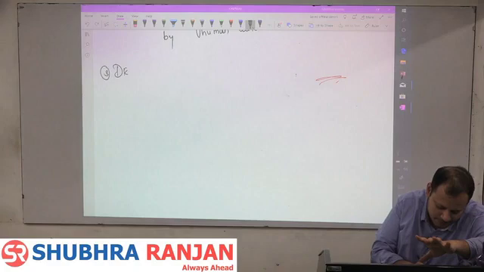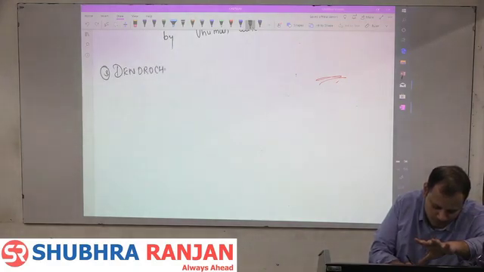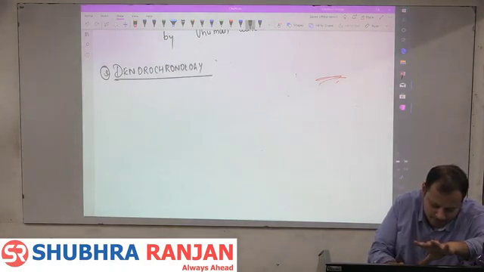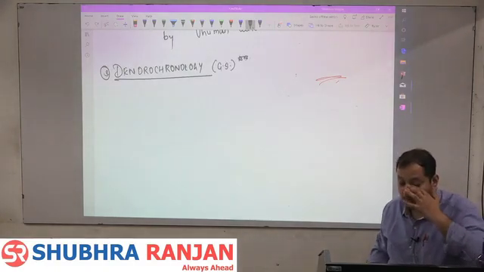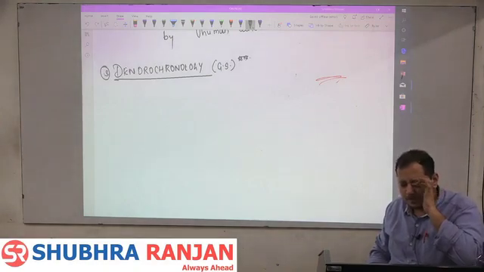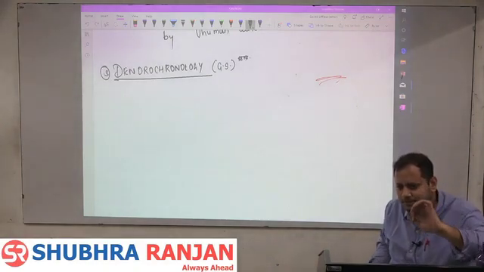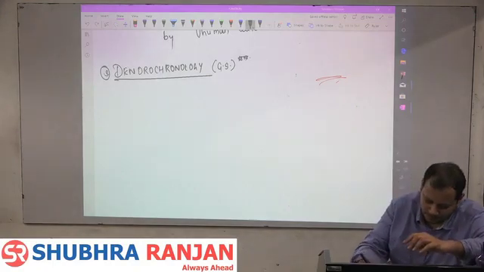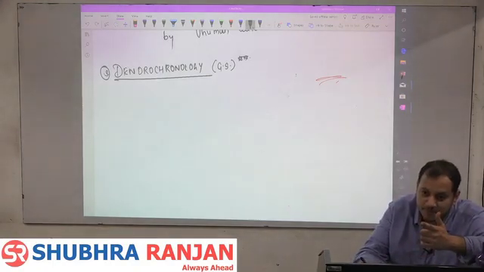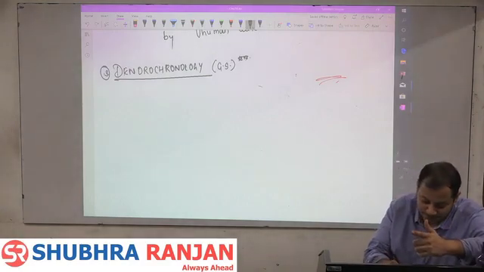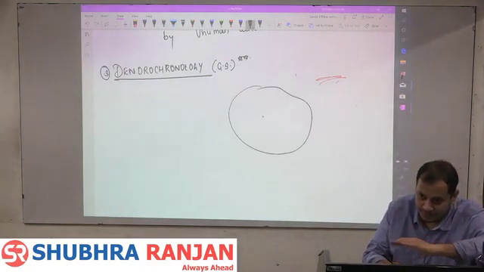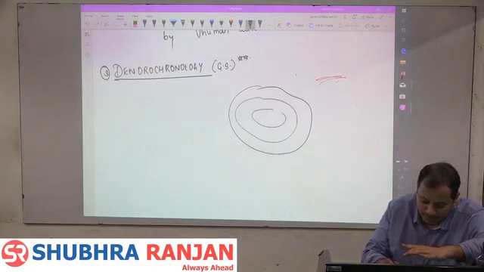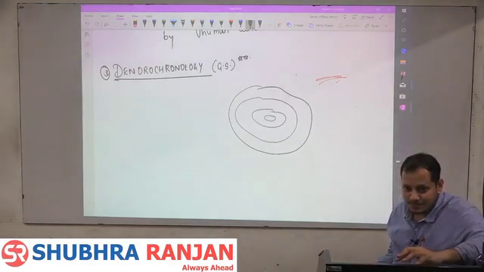Third, dendrochronology. Do this very properly even for GS. Can someone tell me what dendrochronology is? Yes, study of rings in the tree. If you cut the tree, there will be rings in it. That is known as dendrochronology.